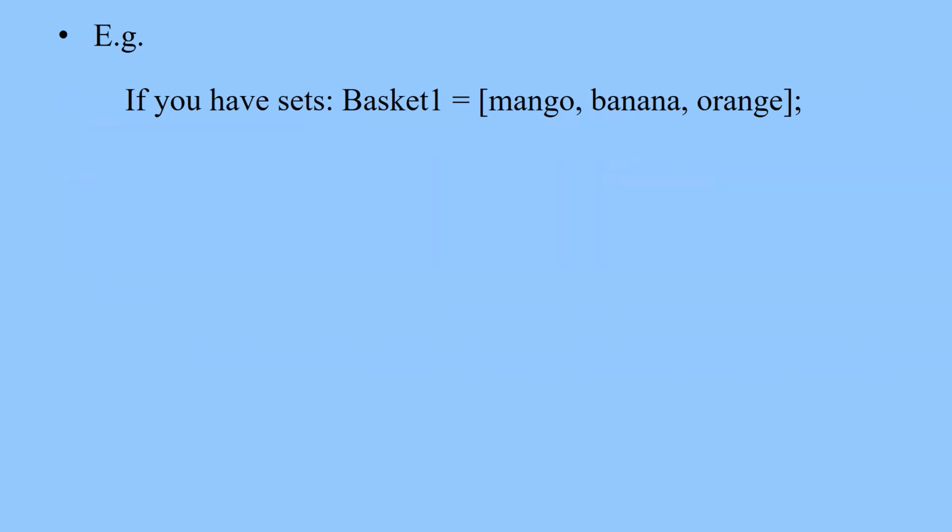So basket 1 is not less than basket 2. In other words, the number of members of basket 1 is not less than those of basket 2. And at the same time, the content of basket 1 is not the same as the content of basket 2. Basket 2 contains oranges and melons. Basket 1 contains mango, banana, and orange. So they are not the same. So basket 1 is not less than basket 2, nor is it equal to basket 2.